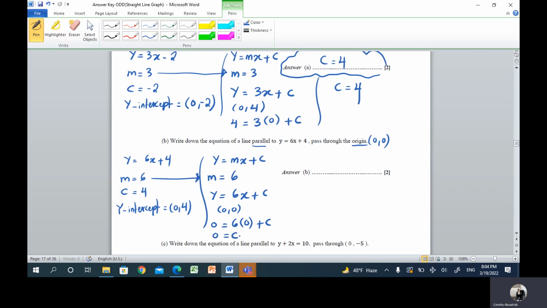Accordingly, c is equal to 0. So if c is equal to 0, then I can write the equation as 6x plus 0. So y equals to 6x. So the answer here, y equals to 6x.